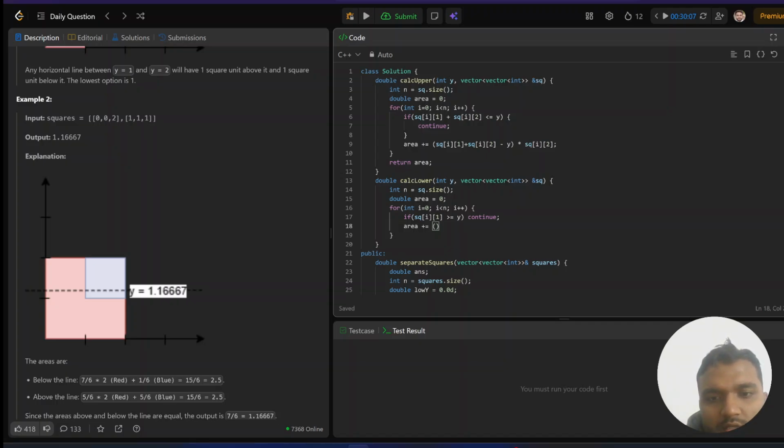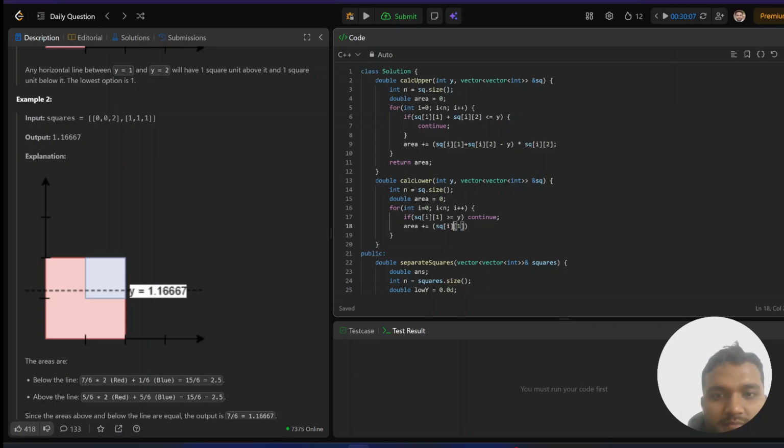So what will be the area? If you talk about this portion, suppose this and this is the line, we have to calculate this below area. Area will be length first, but we calculate this breadth. This breadth will be, we just need to do y minus the lower y coordinate.